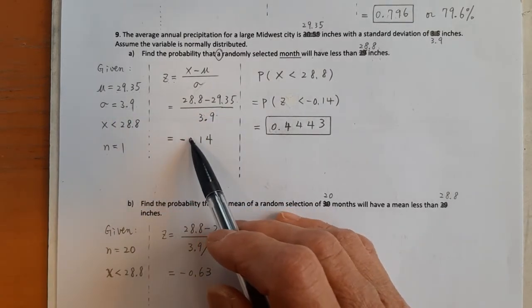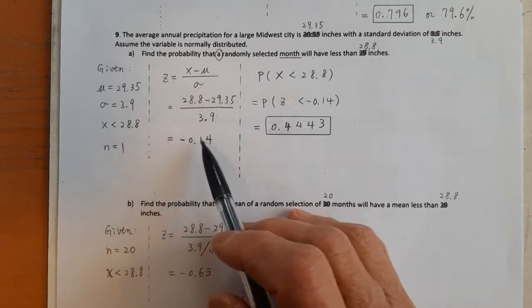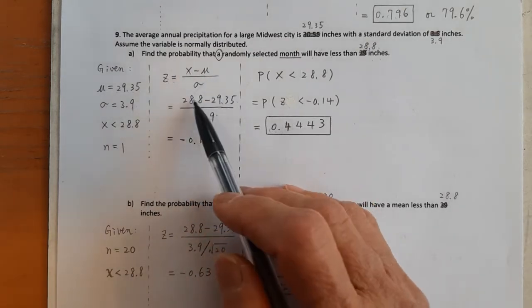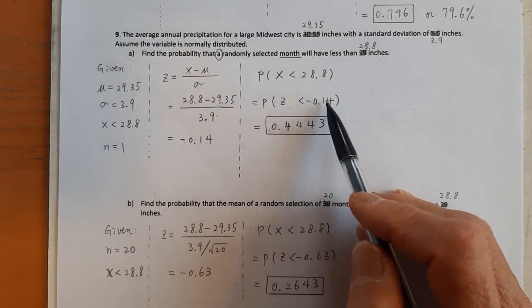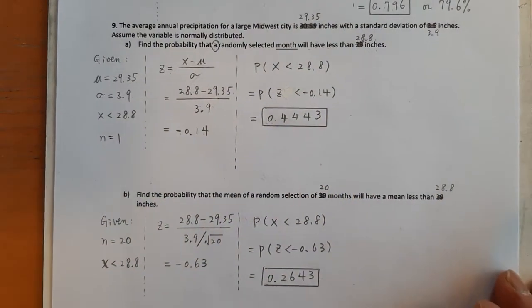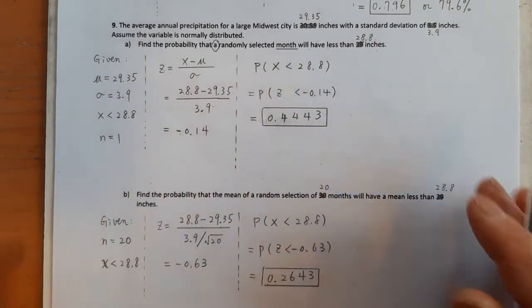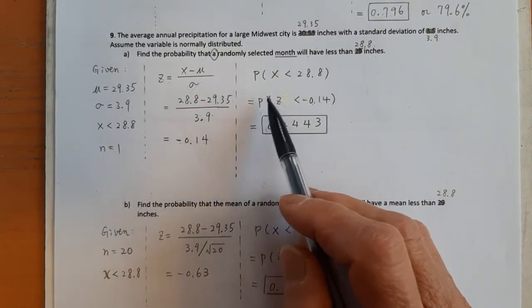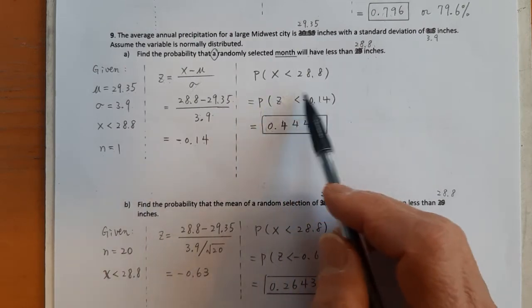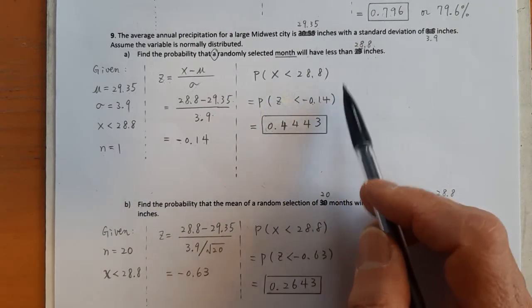By calculator, this is negative 0.14. So when x is 28.8, the corresponding z-score is negative 0.14. The probability of x less than 28.8 is the same as the probability of z less than negative 0.14.